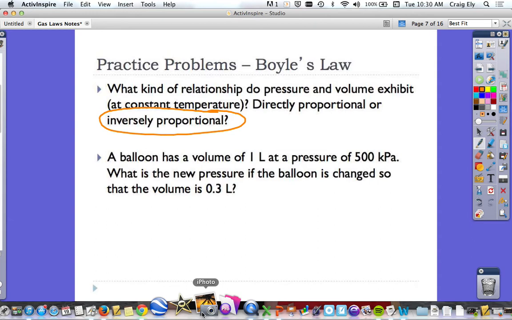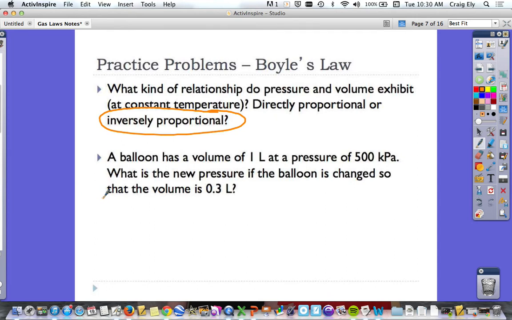So let's do an example of a problem. A balloon has a volume of 1 liter at a pressure of 500 kilopascals. What is the new pressure if the balloon is changed so that the volume is 0.3 liters? The easiest way to do this is to make sure that we know what each of our pressures and volumes are.